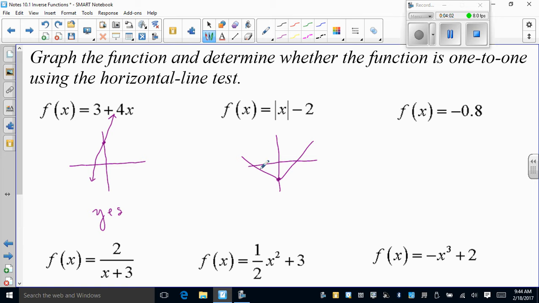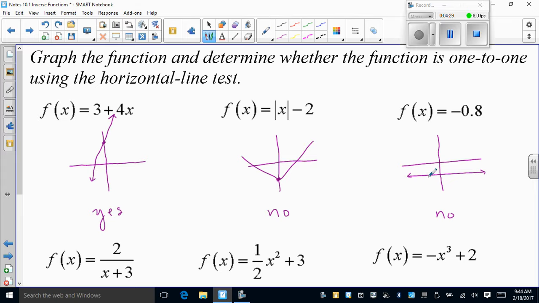This one here, y equals negative 0.8. So the line's down here somewhere. It is a horizontal line, which gives it an answer of no, because the y values are not changing. So I've got one y value going to every x value.